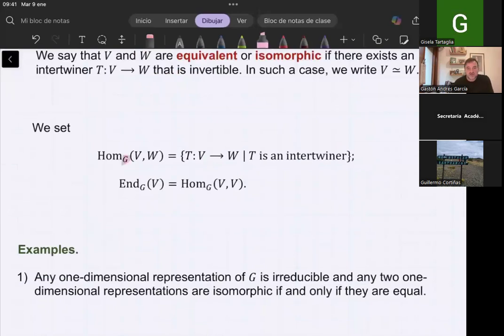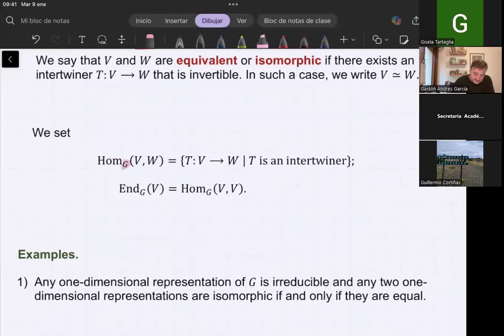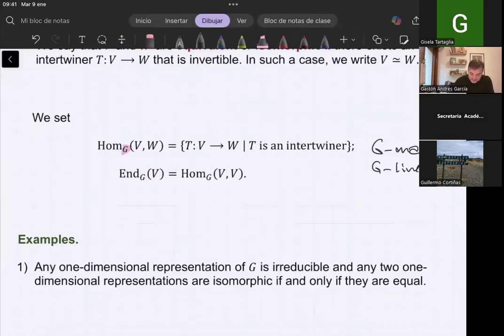We have the subscript G here to say that they are intertwiners, sometimes called G-maps, or G-linear, because the action of G commutes with the maps. And if we take V equal to W, we just write the endomorphism space.